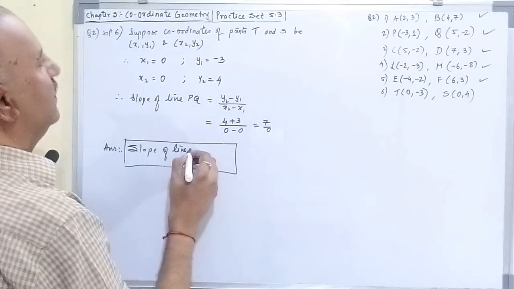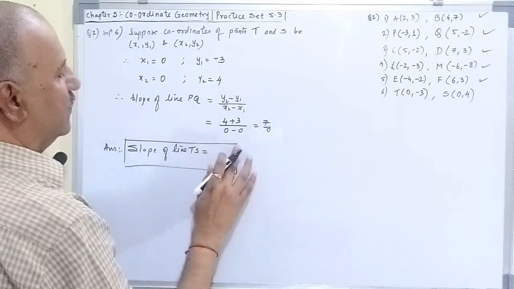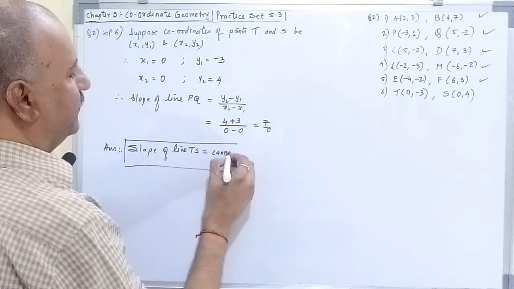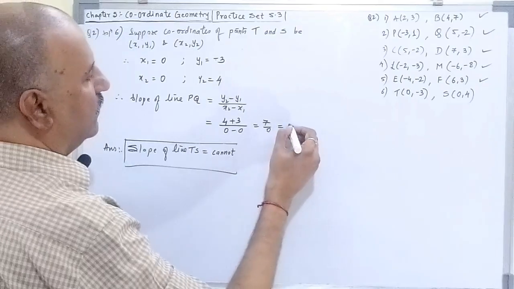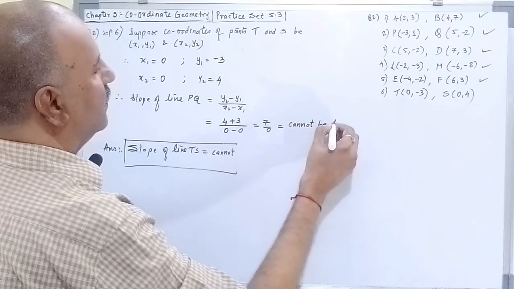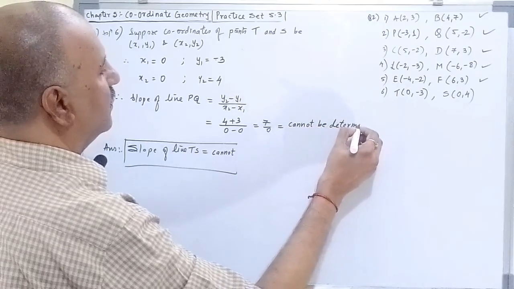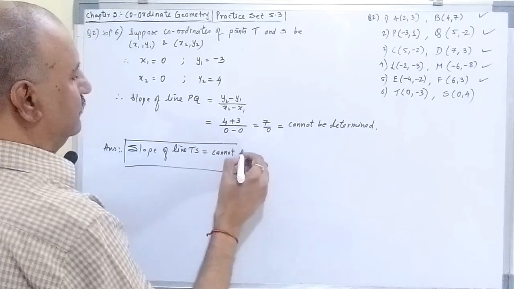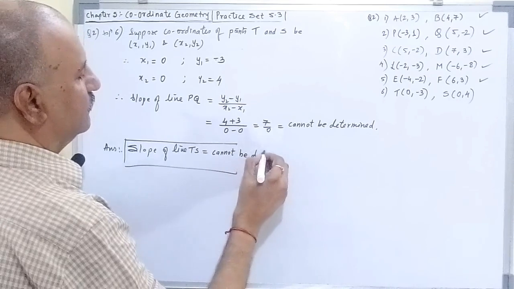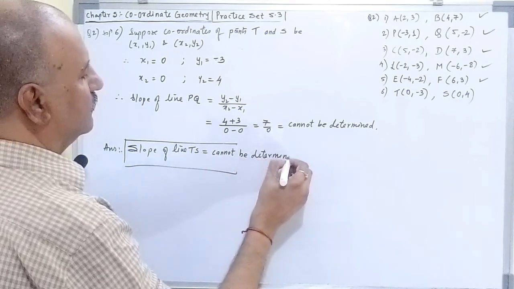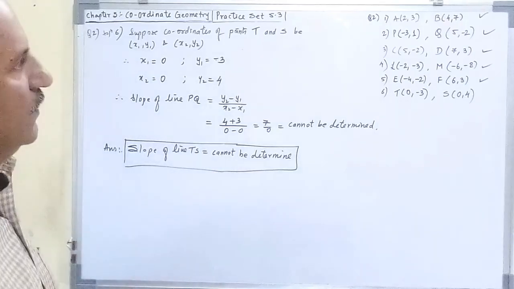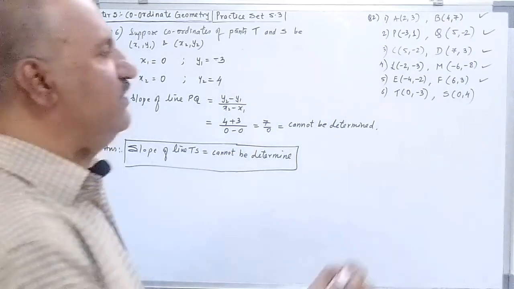Slope of line TS cannot be determined, because anything upon 0 is not defined.